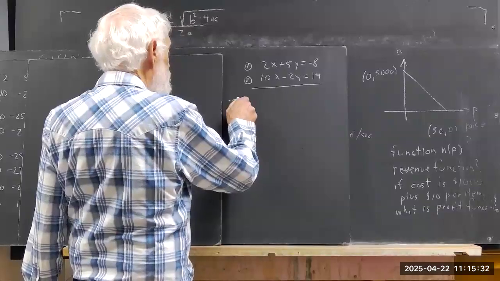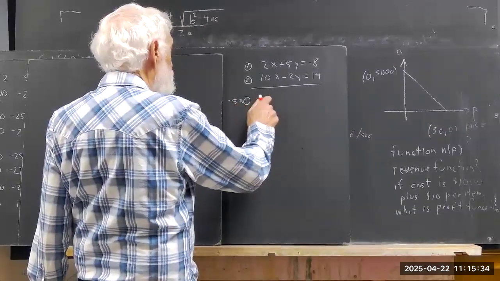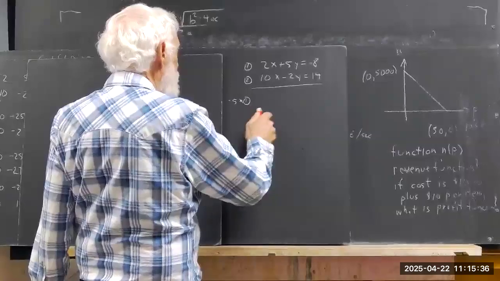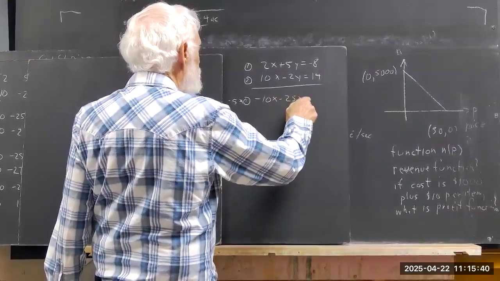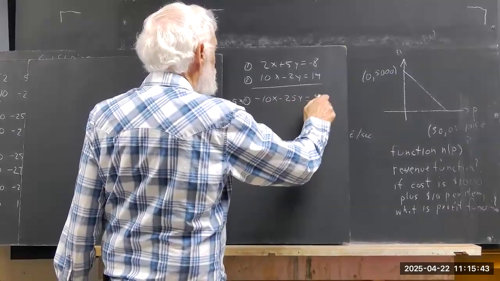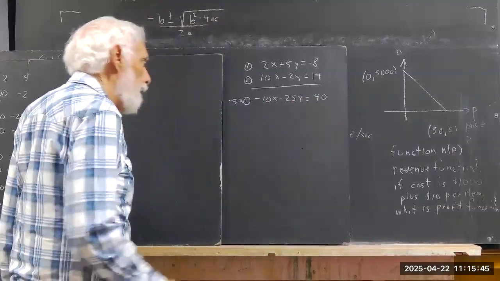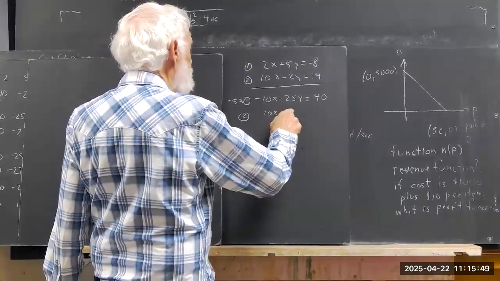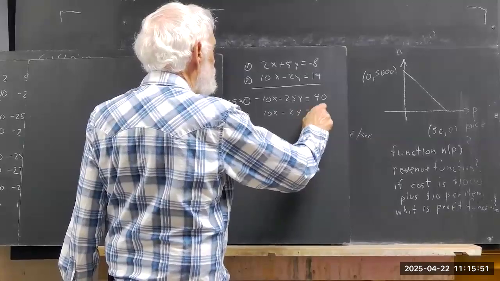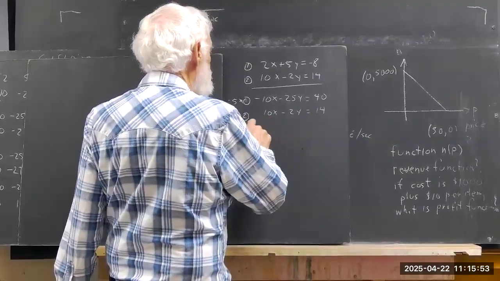I'm going to do -5 times equation 1. It'll give me -10x minus 25y equals 40. And then equation 2 is 10x minus 2y equals 14.